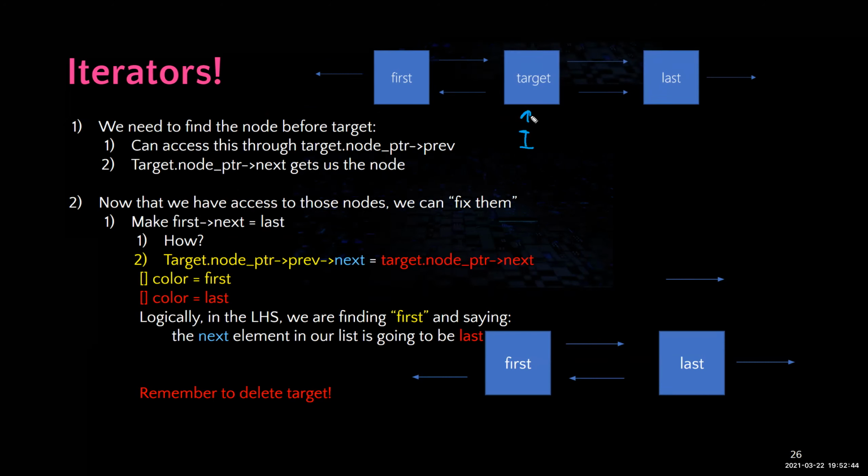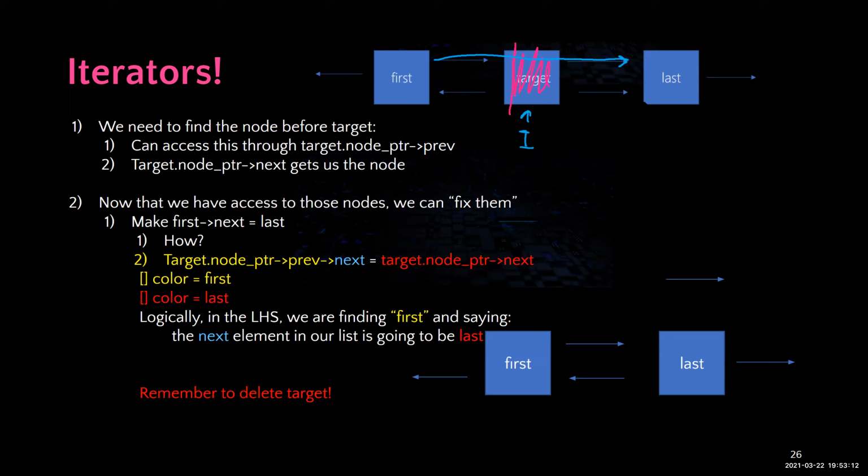What we can do from this is we know if we delete target, we have to fix these connections right here. We need first, next to point to last in this case, and this arrow's backwards, and last previous to point to first. So intuitively, we get rid of this node and we just continue these arrows like this, right? That's the idea here.